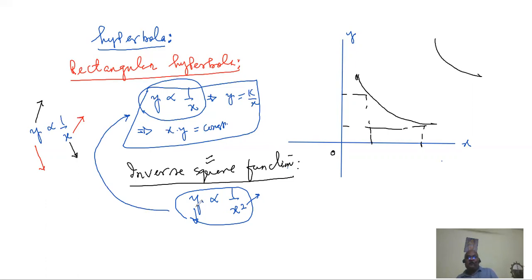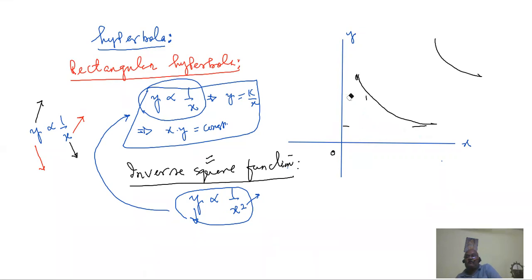Y will be decreasing in a more powerful way compared to a rectangular hyperbola. To show you an example, if I am to draw two functions, one a rectangular hyperbola, other an inverse square function, let me do it.